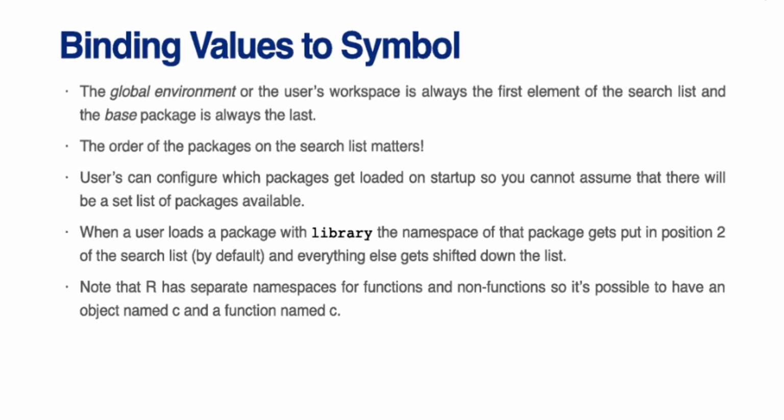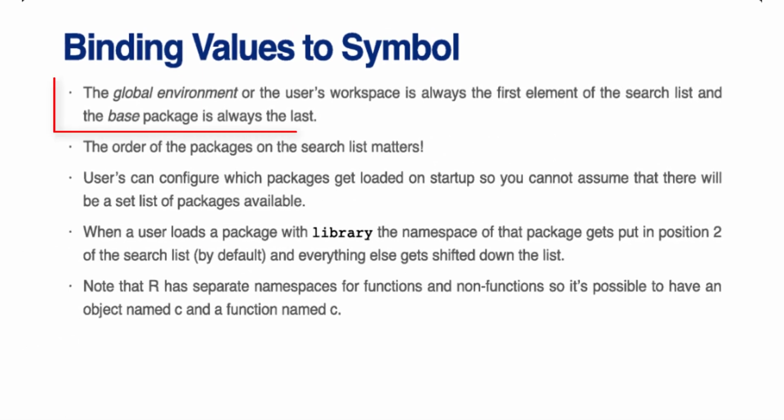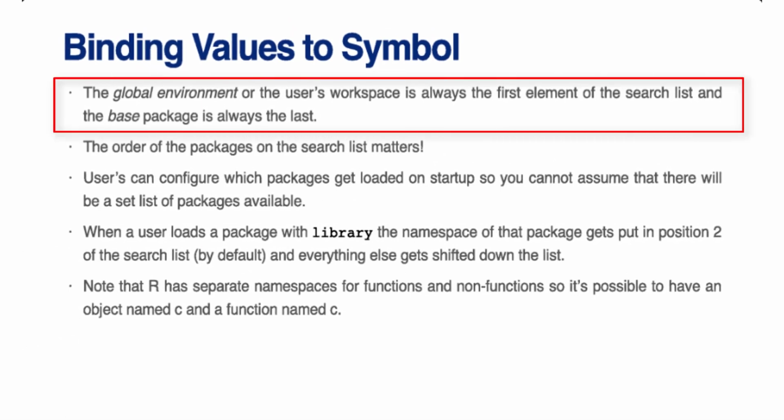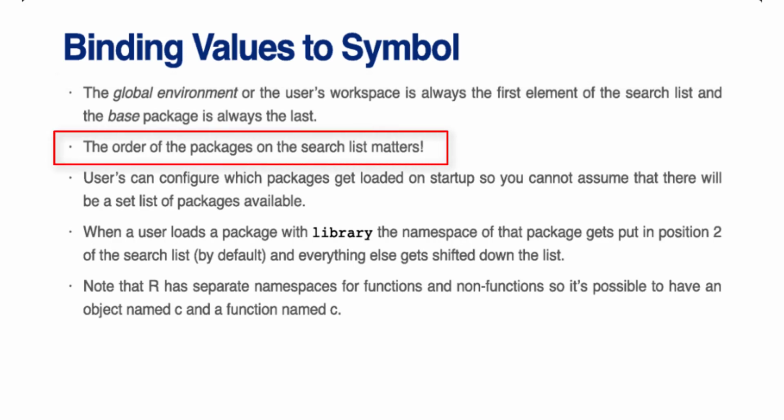As I said before, the global environment is always equivalent to the user's workspace, and it's always the first element on the search list. Furthermore, the base package is always the last element on the search list. Because of the way the search process works, going down the list of packages, the order of the packages in the search list matters.